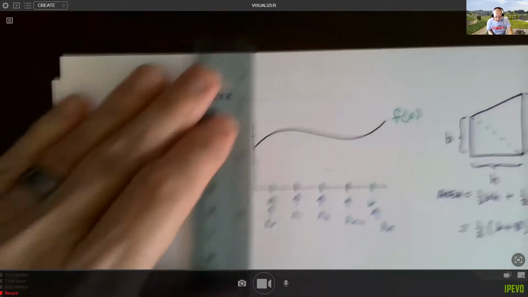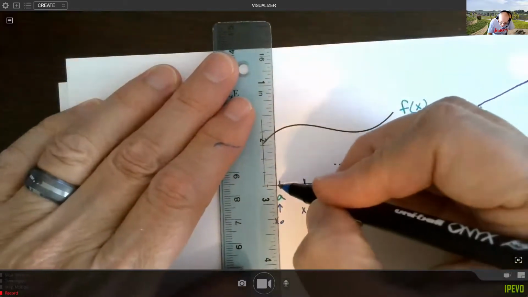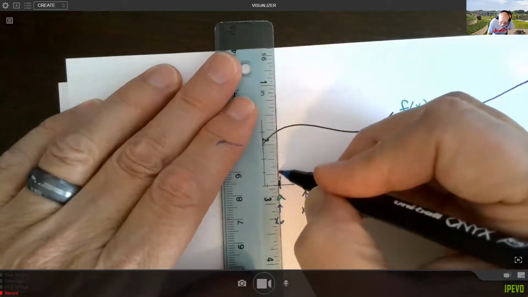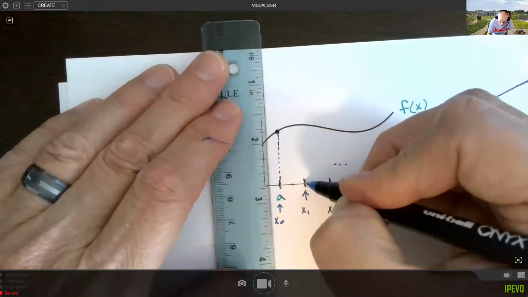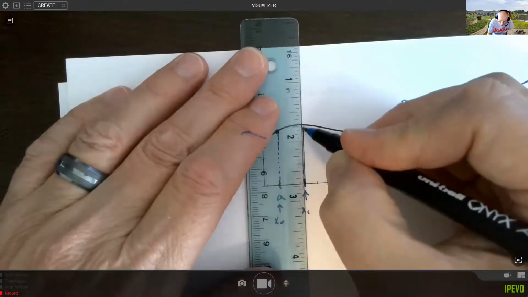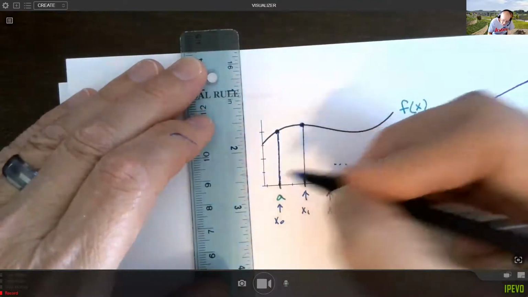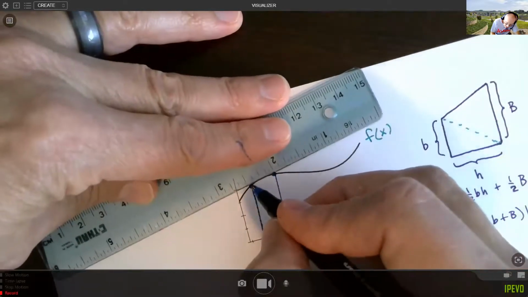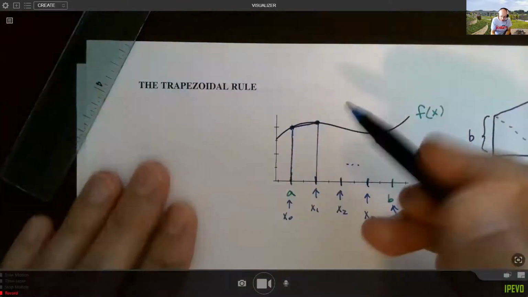Okay, so the idea though is for this first region, this little subinterval between x of 0 and x of 1, we're going to find the height at the left end point, which is f of x of 0, and the height at the right end point, which is f of x of 1, all right? And instead of doing a rectangle, I'm going to connect these two with a line, right? And you can see I've got a trapezoid here for this whole shape, right?